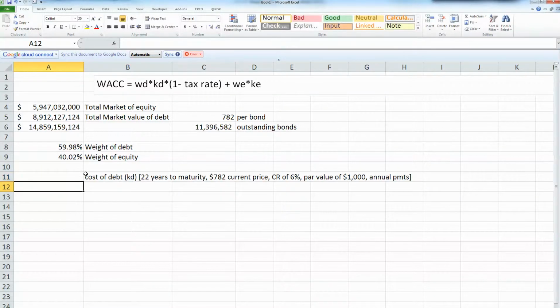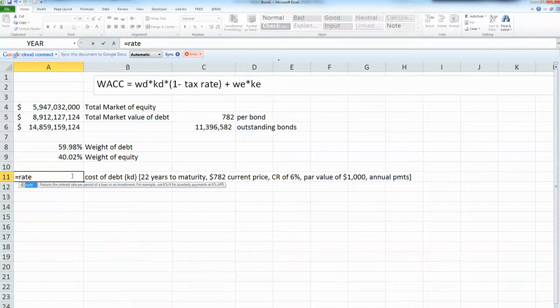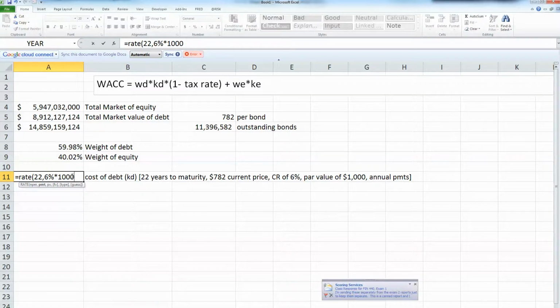So based on that, I can calculate what promised yield to maturity investors desire using the rate function. So my number of periods would be 22. My payment would be that coupon rate of 6% times the par of 1,000. So it'll be $60, but you can just type in the formula right there. My present value is the current price of $782, but when I use the rate function, if you remember, you need to have a sign change.